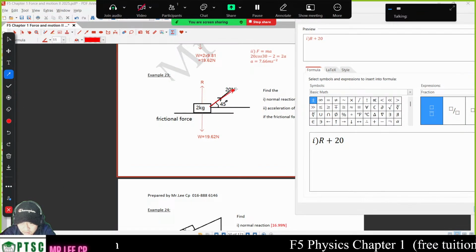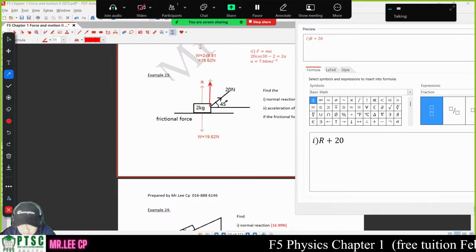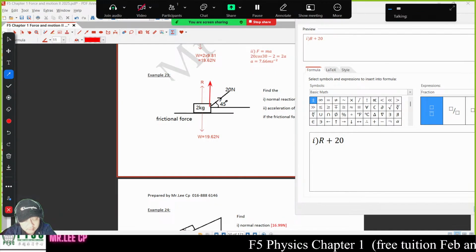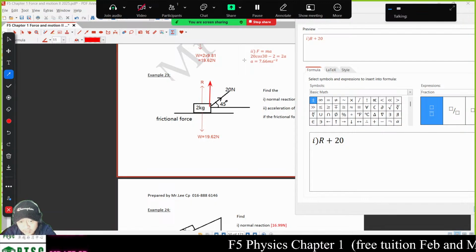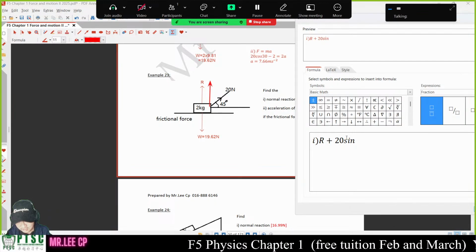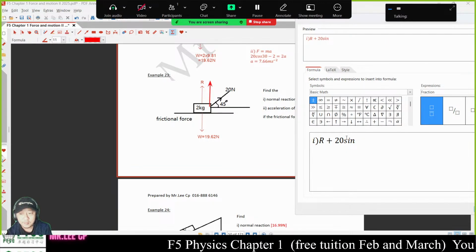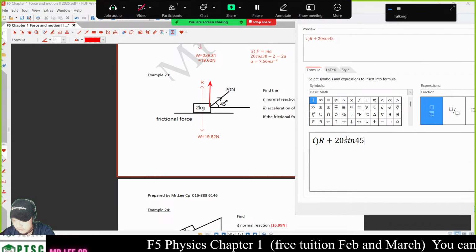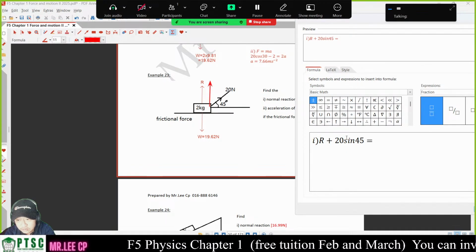So the 20, I bring to here. Touching 45, then I use cos. Not touching, then I use sine. You need to memorize it. Not touching, I use sine 45. R plus 20 sine 45 is equal to 19.62.